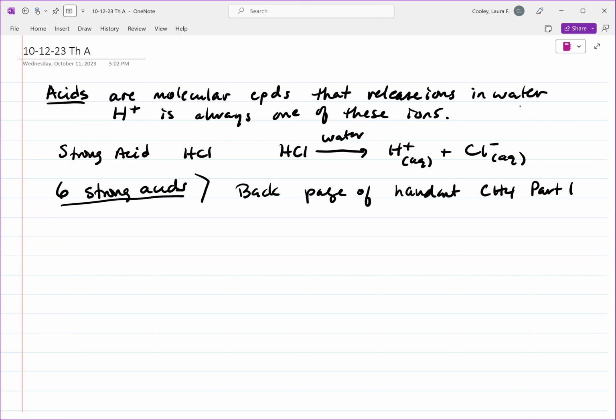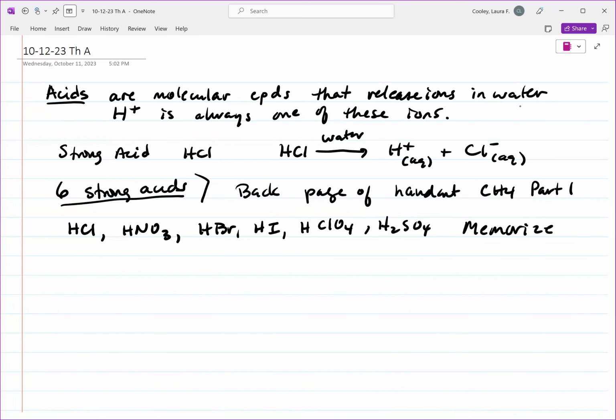Okay, so anyways, there are 6 strong acids, which I told you about: HCl, HNO3, HBr, HI, HClO4, and H2SO4. There are only 6 of them, but you need to memorize them. Okay, I'm telling you now, you have to memorize these acids. That way you'll know that they're the strong acids. There are many, many acids that are not strong. We'll talk about those in a minute.